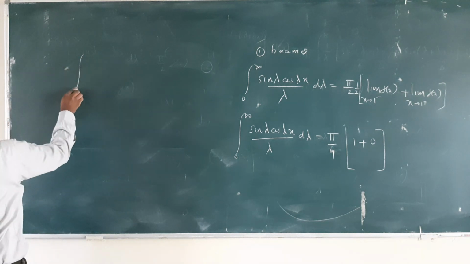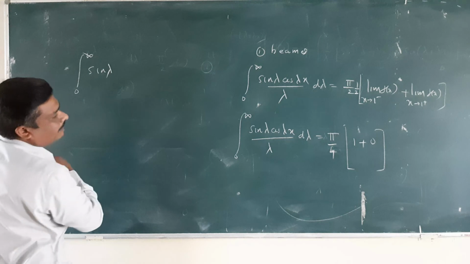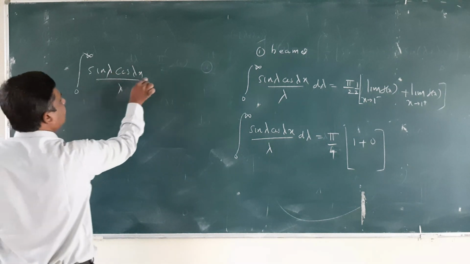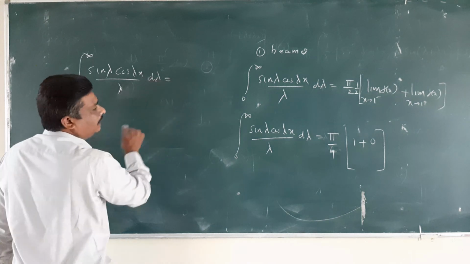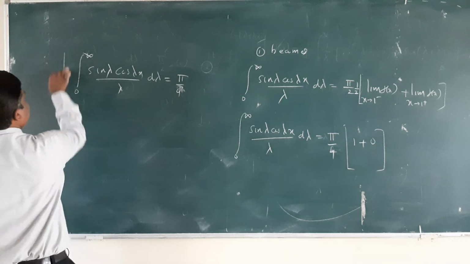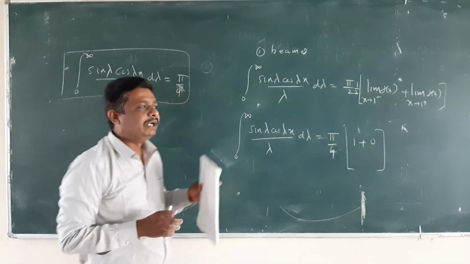Therefore integration 0 to infinity sin lambda into cos lambda x upon lambda into d lambda is equal to pi by 4. So this is our required result.